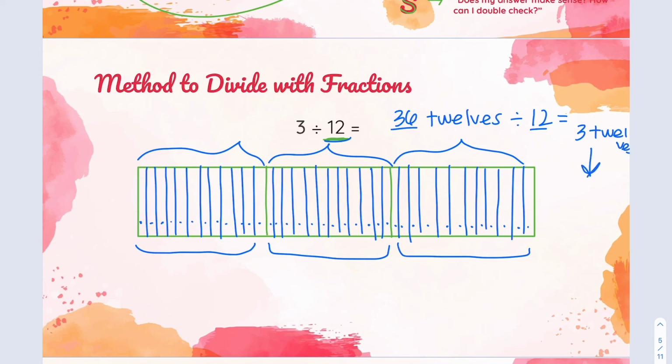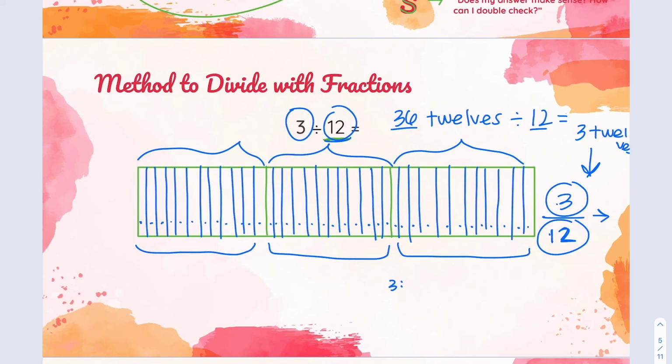And we can make this into a fraction, which is 3 over 12. And notice how our numerator is that first number, and our denominator was that second number. We can continue to simplify this. I know that 12 is a multiple of 3, and let's write down the multiples.